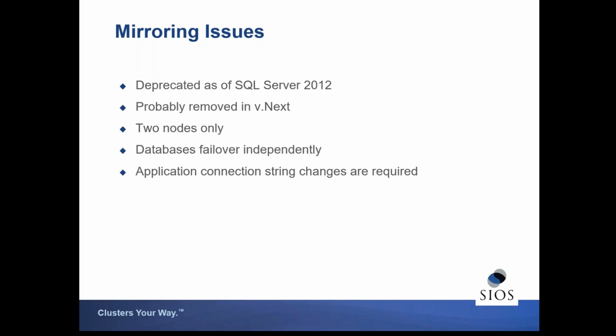That does require the SQL 2005 or newer drivers, which for the most part shouldn't be an issue anymore. But that is still a change that you have to make, whereas failover clustering and availability groups don't necessarily have those downsides. With those, you can just say, here's the name you connect to, and just connect to it.